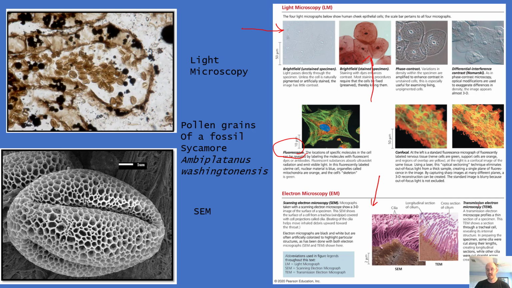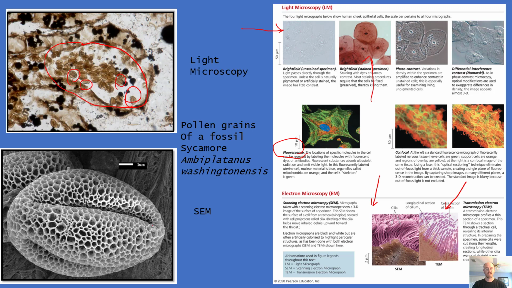Or transmission electron microscope, or TEM, that's when you slice the organism very thinly and you look at its insides with an electron microscope. On the left, I thought I'd just show you, I study paleobotany, fossil plants, and on the left here we can see a piece of a flower of a fossil sycamore tree from the Cretaceous period, the time of the dinosaurs, and you can see that it's loaded with pollen grains, and here's what they look like under light microscopy.